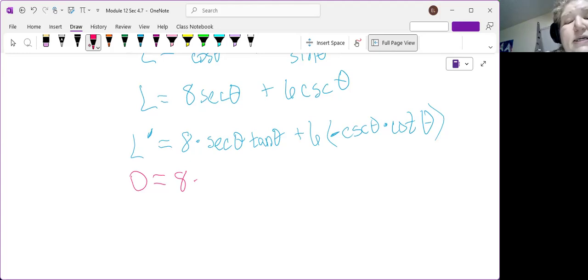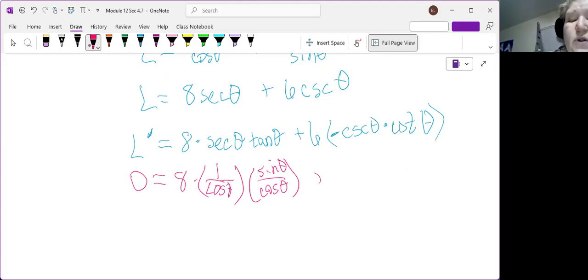So secant is 1 over cosine theta. Tangent is sine theta over cosine theta. This is no longer a plus because that minus sign, this is now minus 6, 1 over sine theta. And then cotangent is cosine theta over sine theta.